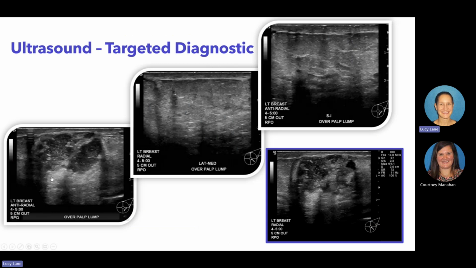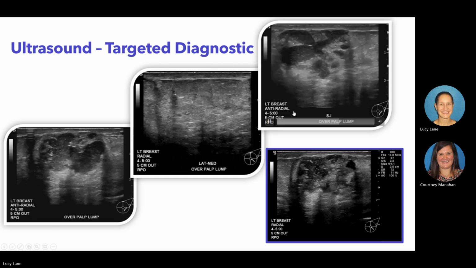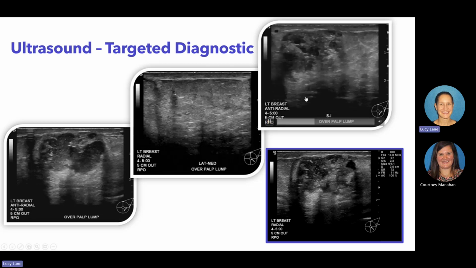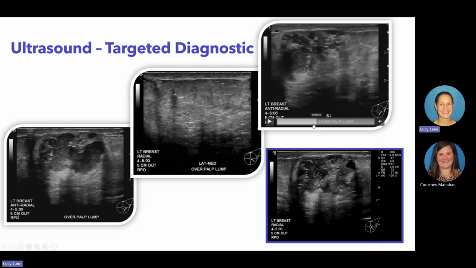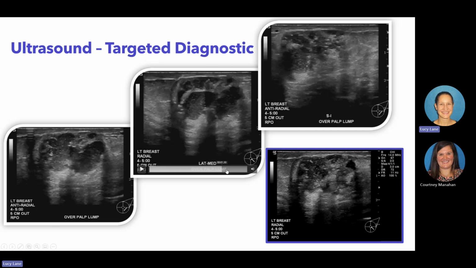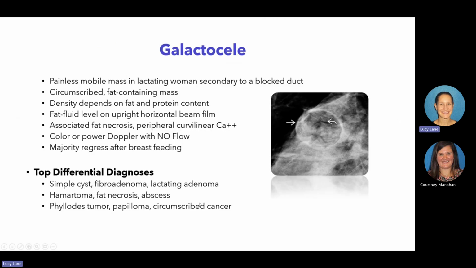So now we're looking at this mass, and what I would say is that it's generally cystic. It has some sort of debris inside it. And this corresponds with exactly what we were seeing on the mammogram. And this turned out to be a galactocele.